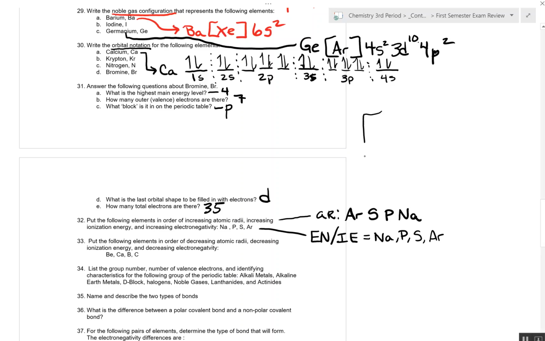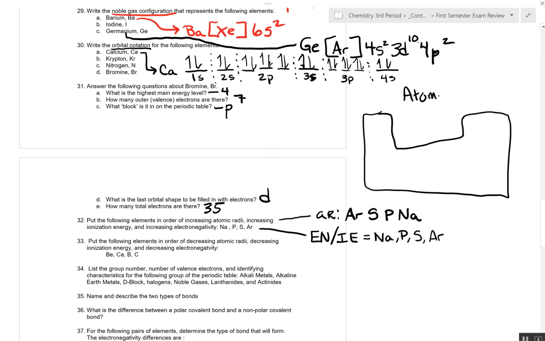So let's draw a little periodic table up here. Atomic radius increases right to left and down. All right.